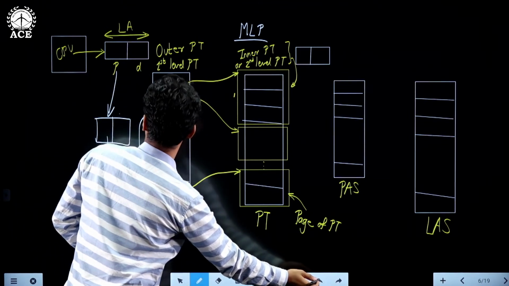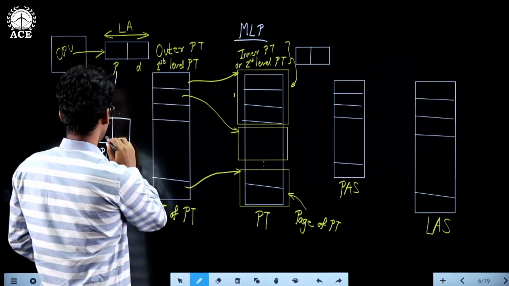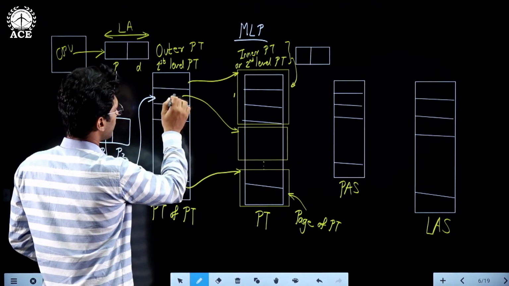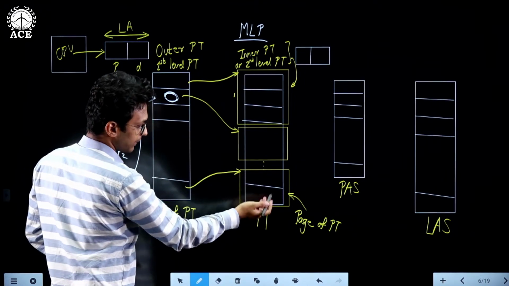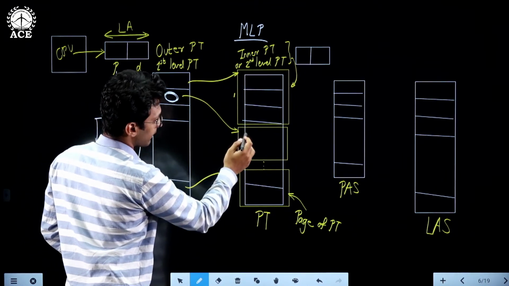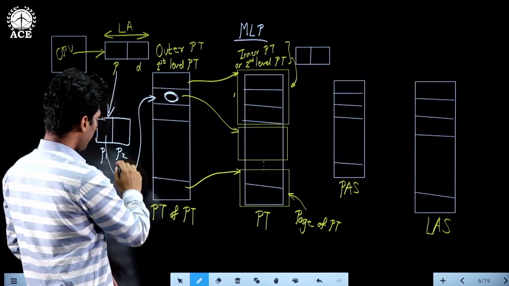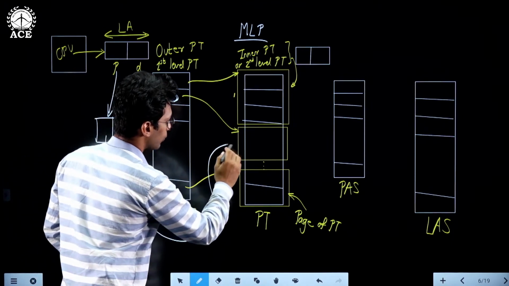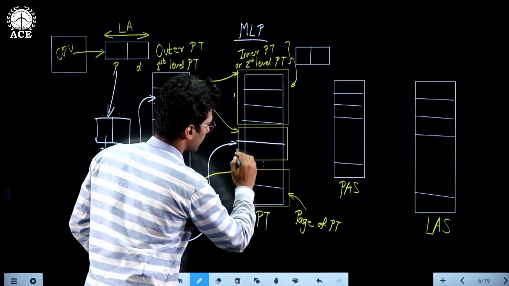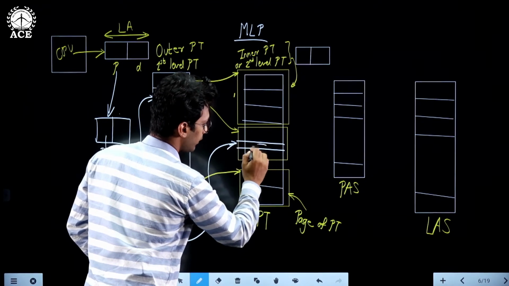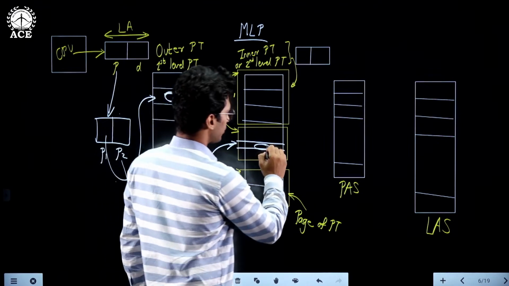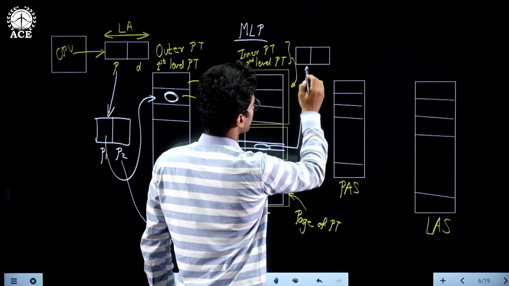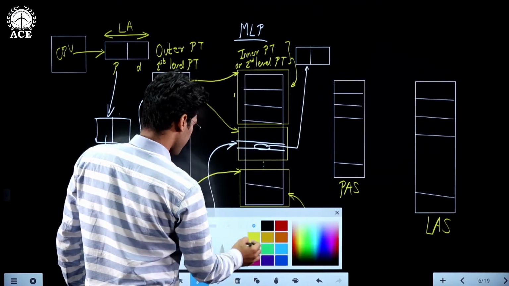Let's say this is that particular entry. We got this particular frame number, the starting address of that page of page table. We went there. Within this, we want to get to the P2 slot. In this slot, we will get the frame number F. Very easy.